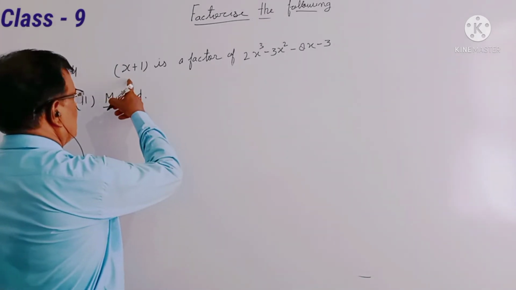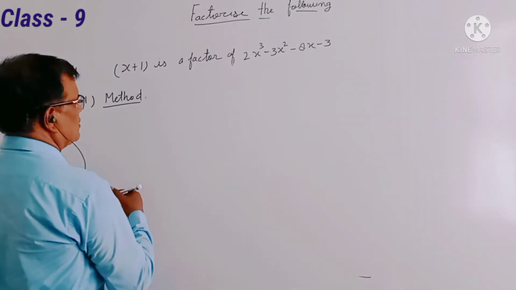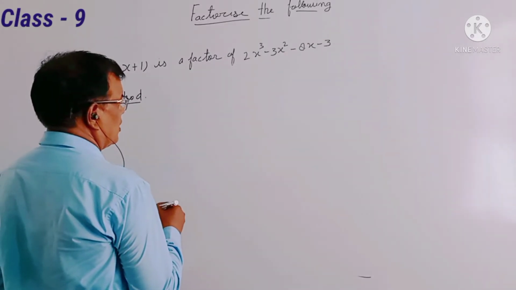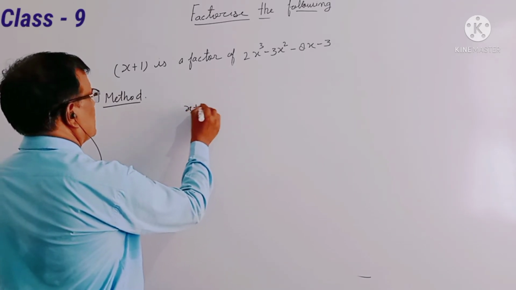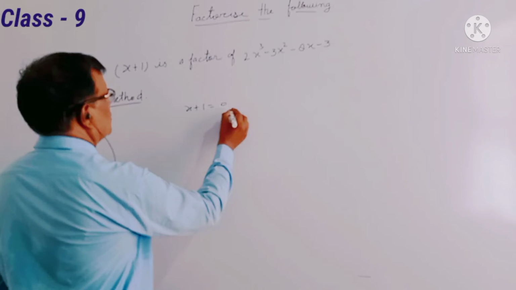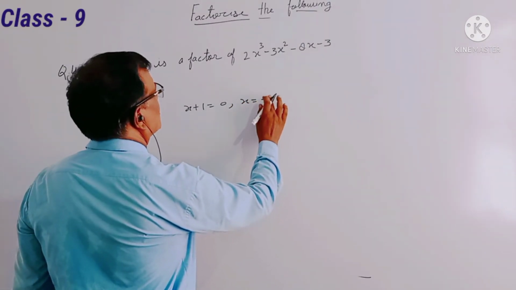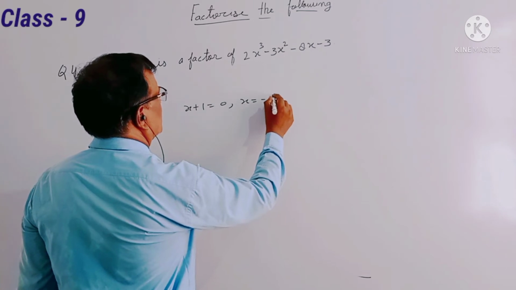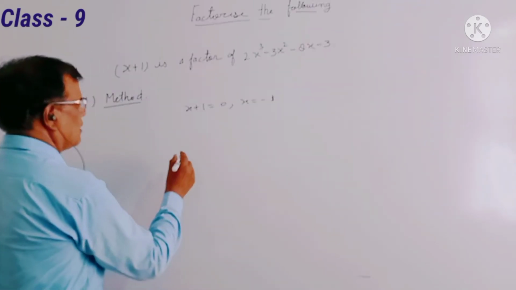If x plus 1 is a factor, then x plus 1 equal to 0 will satisfy the given polynomial. This means x equal to minus 1, because when we transpose, we change the sign.